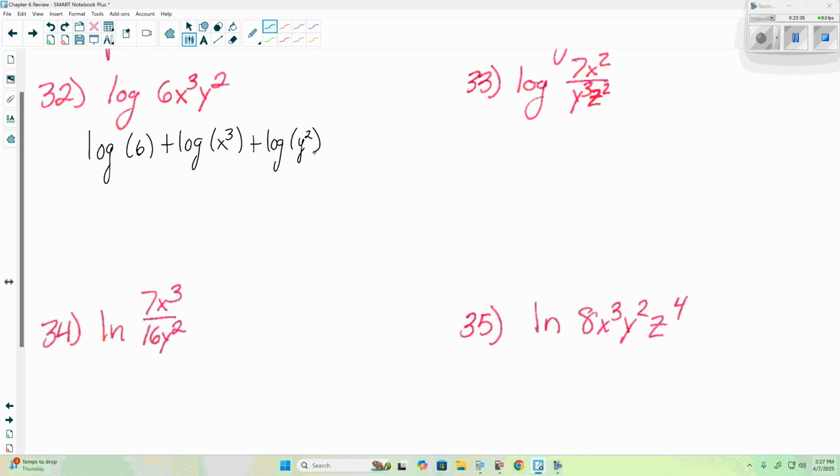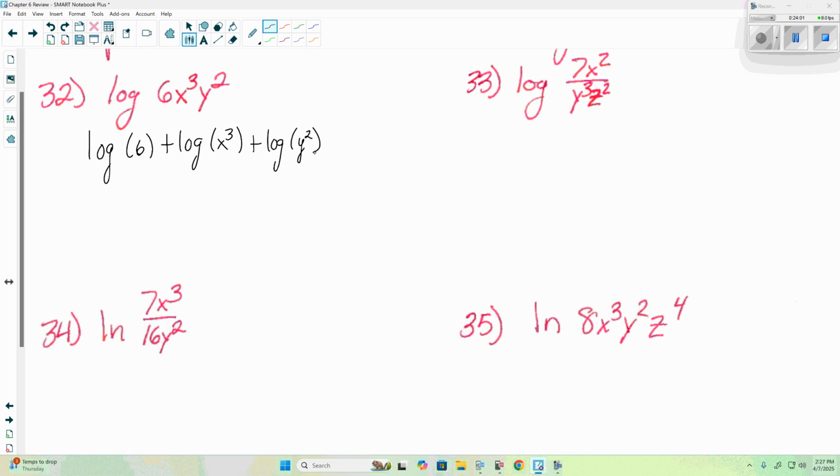Some programs would want us to simplify the log of 6 because 6 is the same as 2 times 3. So really we could say log of 2 plus log of 3. Log of 6 is fine. We don't have to take it that far. Questions on product before we move on to power?